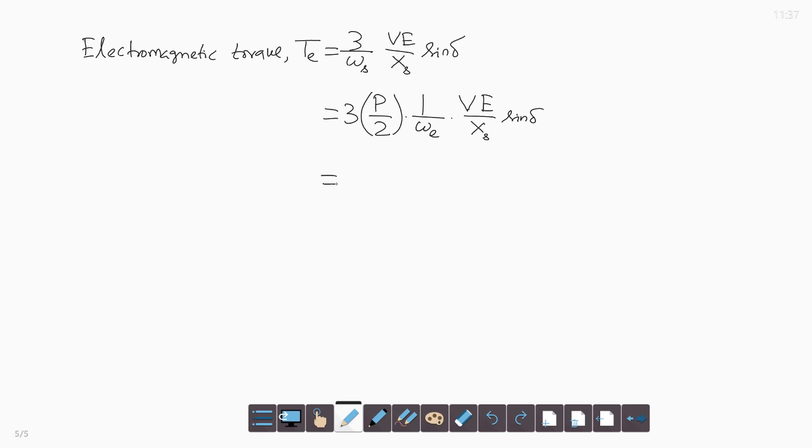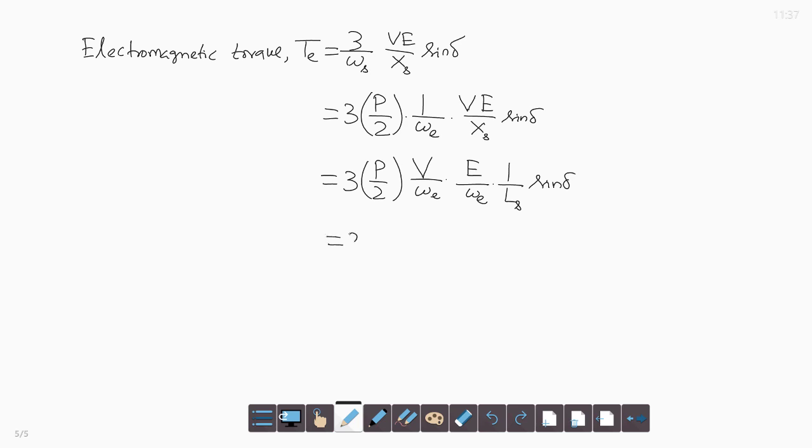Let us rewrite it as 3 into P pole pairs into V by omega e into E by omega e into 1 by Ls into sin delta.